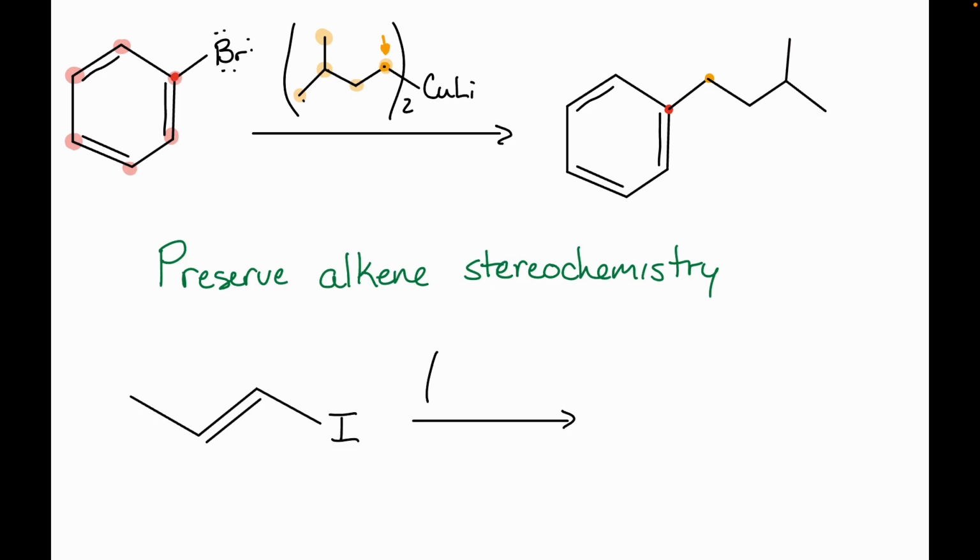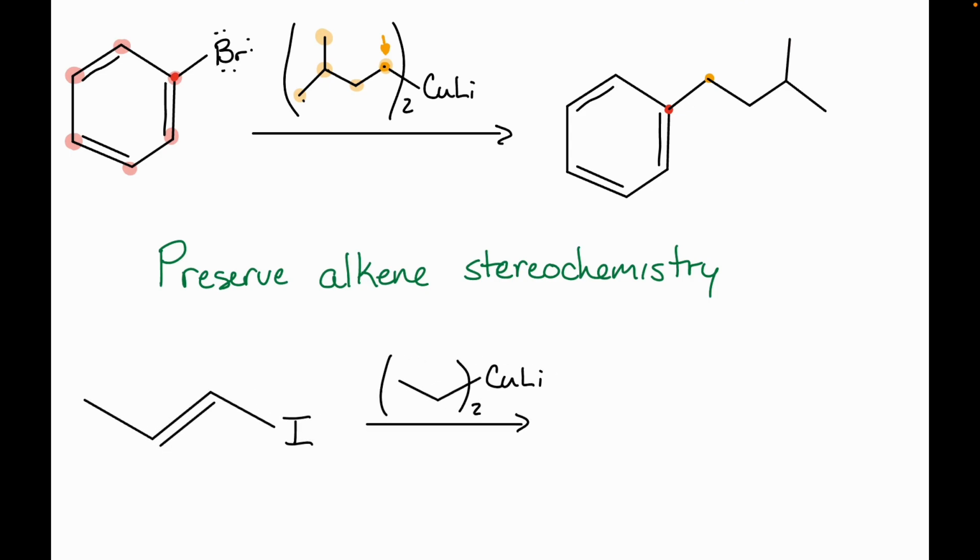And if we treat this with our Gilman reagent, we're again going to get a new carbon-carbon bond. We're going to link these 1, 2, 3 carbons specifically at the carbon that's bonded to that halogen. We're going to link it to these 2 carbons right here, specifically at the carbon that's bonded to the metal.